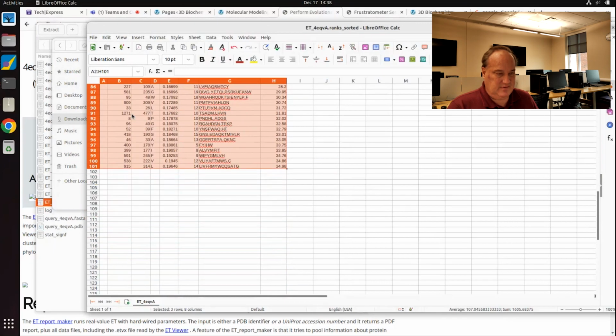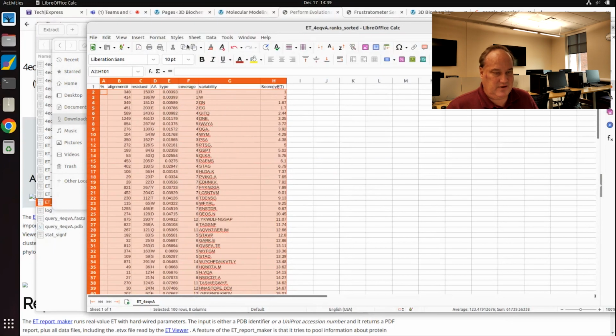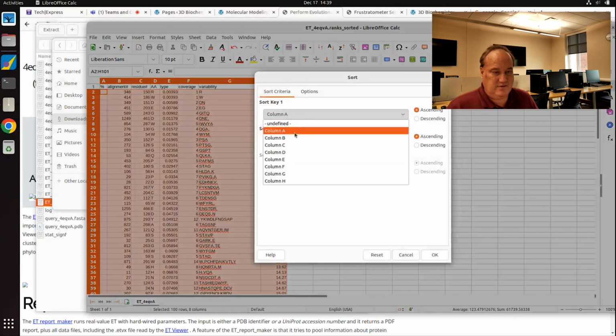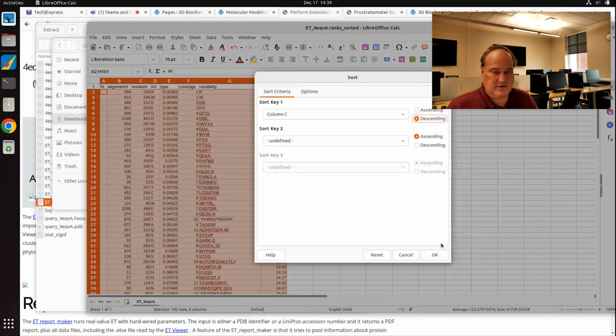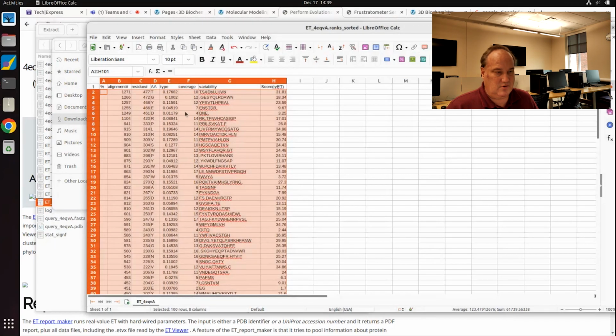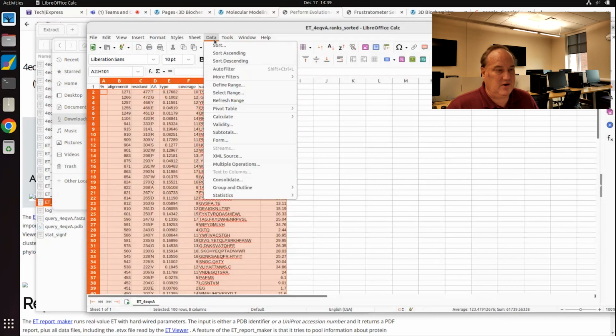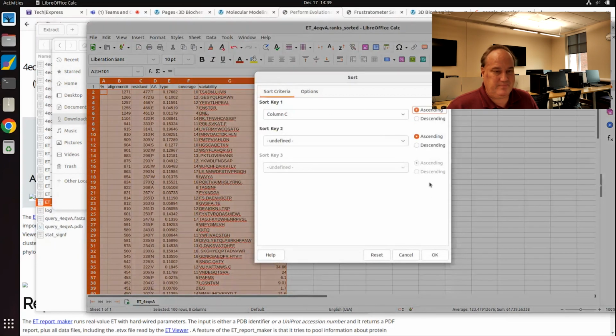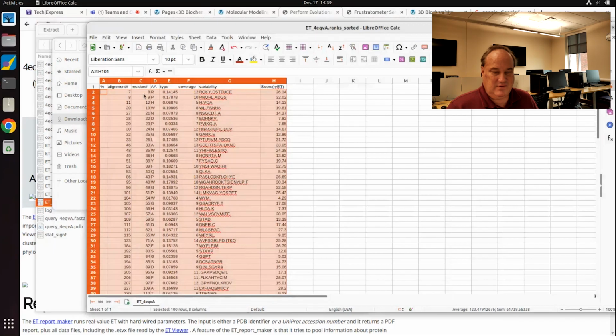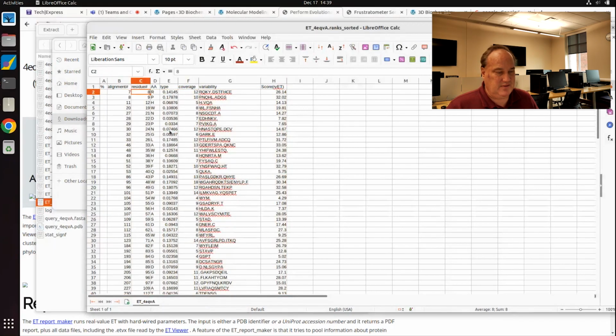So let's highlight all of our residues, data, sort. I'm going to sort by column C, in descending order. No, I want ascending order. I always do that backwards. There we go. So now they're sorted in ascending order.